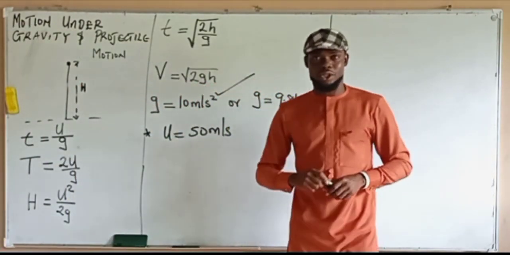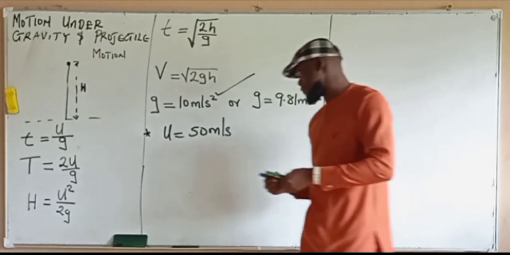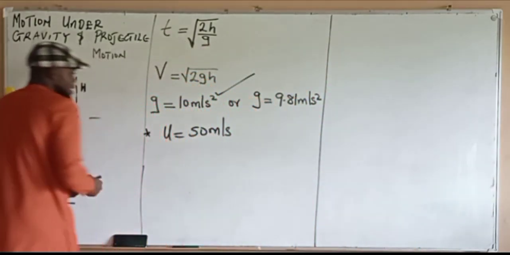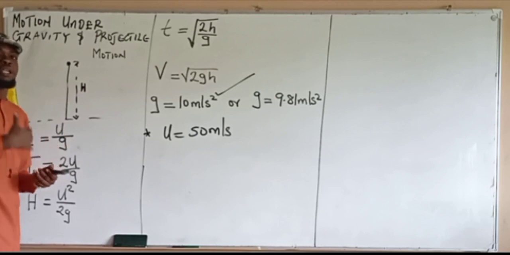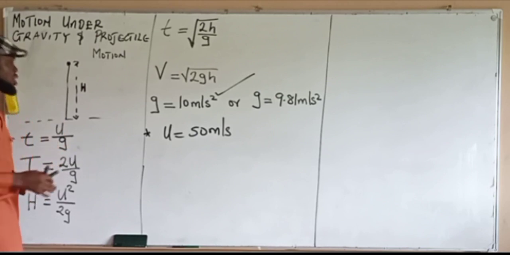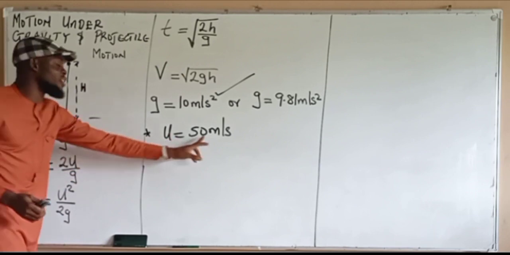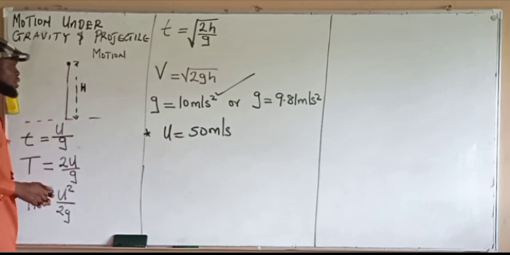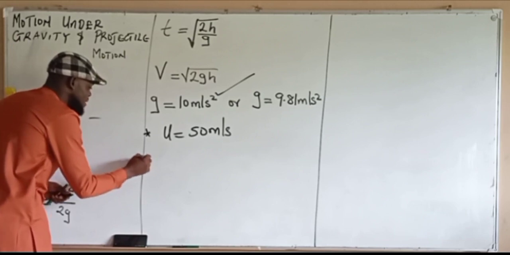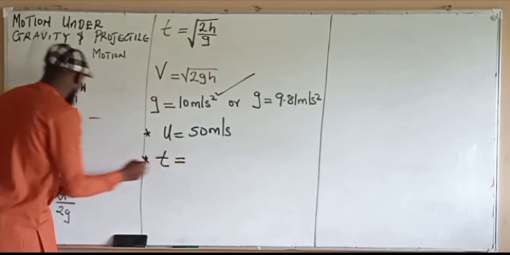So let's look at this question now to see what we're going to have. We said that a stone was projected vertically upward, and this is the velocity of projection. What is the time to reach the maximum height?